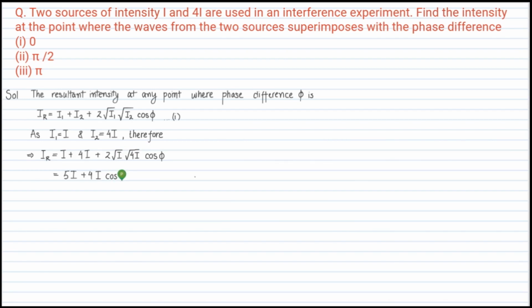Fine, so I can write the general expression of the intensity IR as 5I plus 4I cos phi.